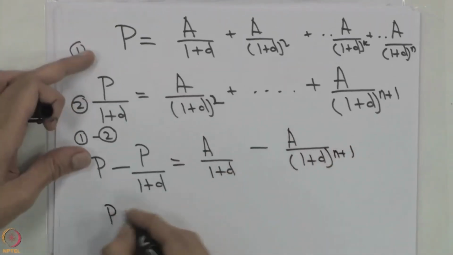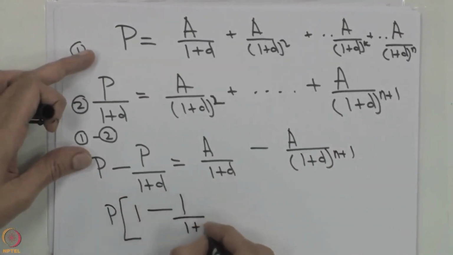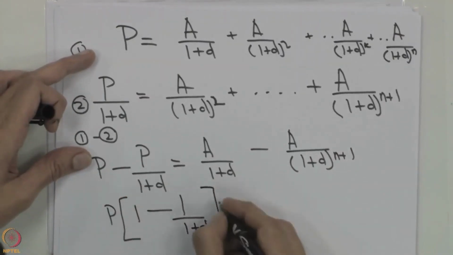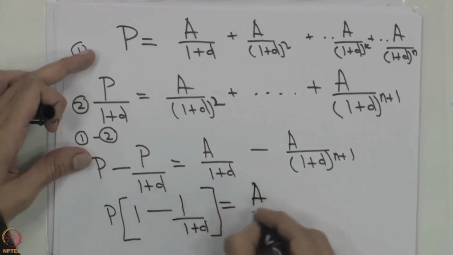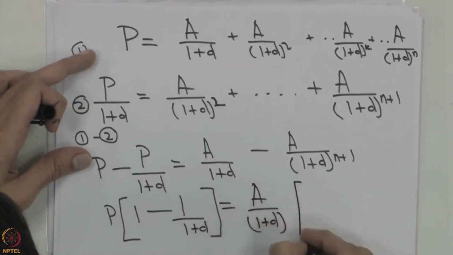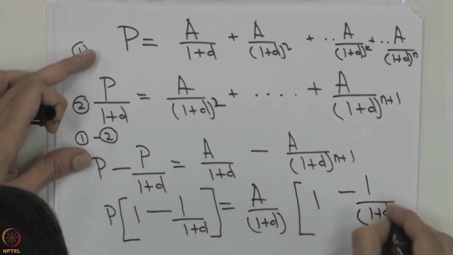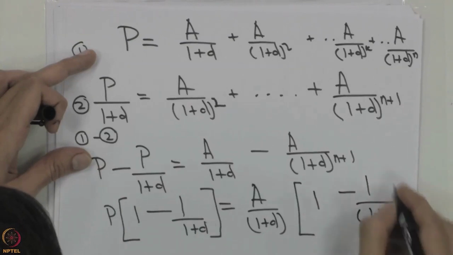So, you can simplify it, taking A by 1 plus D common here, and you get 1 minus 1 by 1 plus D raised to n.